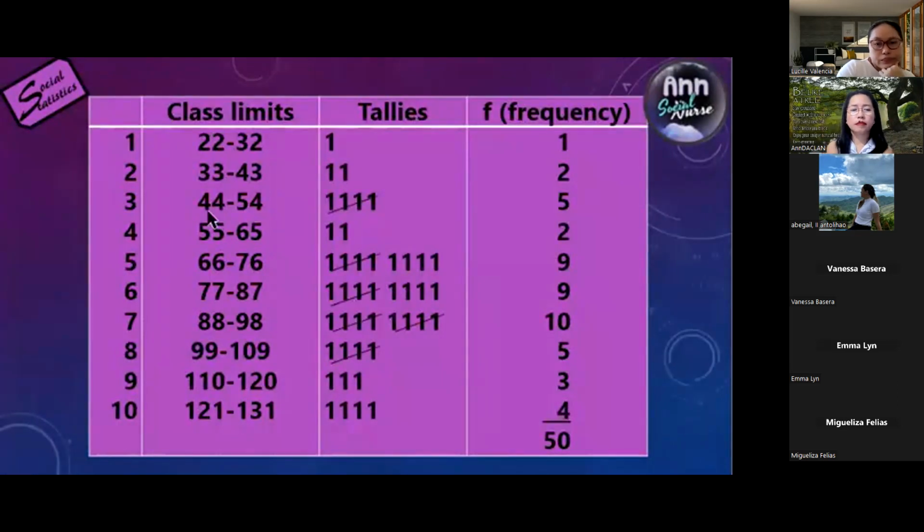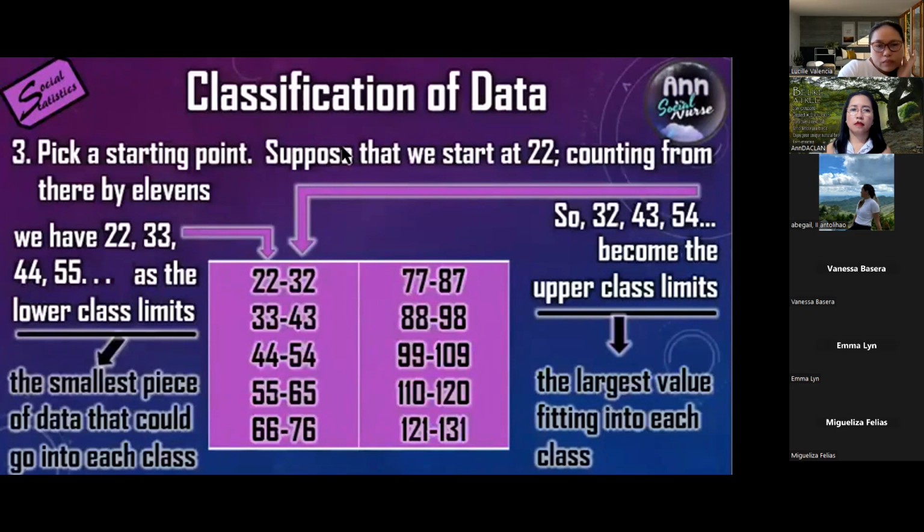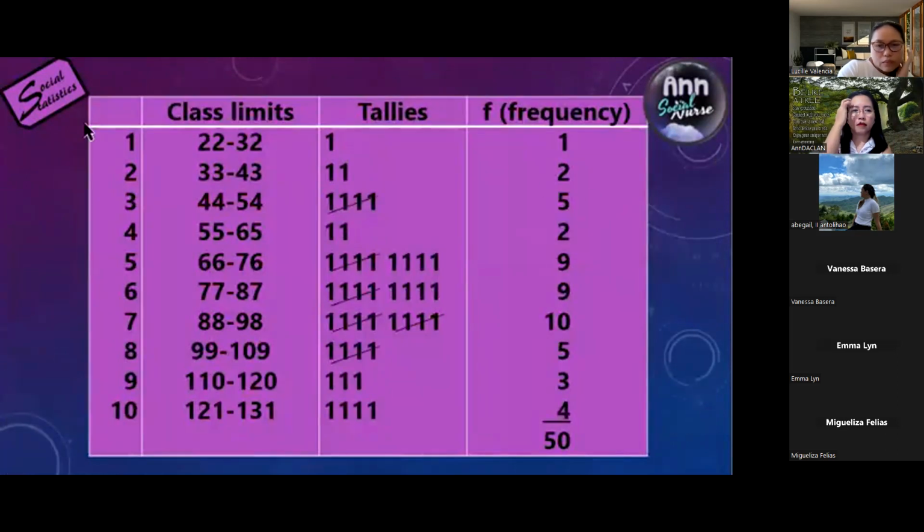So the resulting class limits would look like this. You now plot those on this table with these row labels, with the corresponding class limits and the tallies from the rank data. So there is one from the rank data, remember, and there is one for this class limit and so on, with the corresponding frequency.